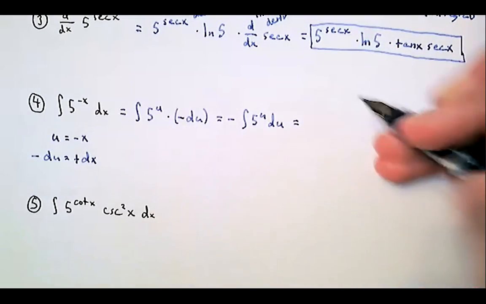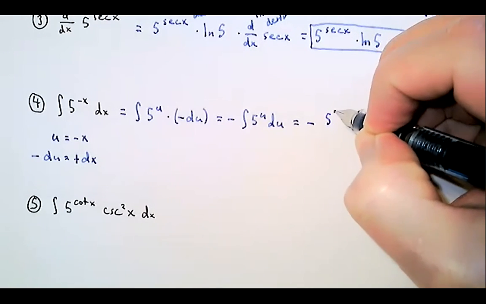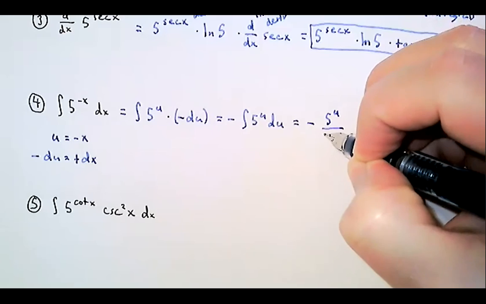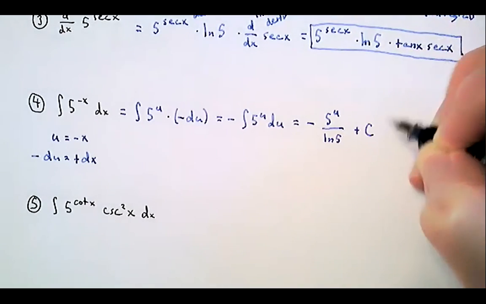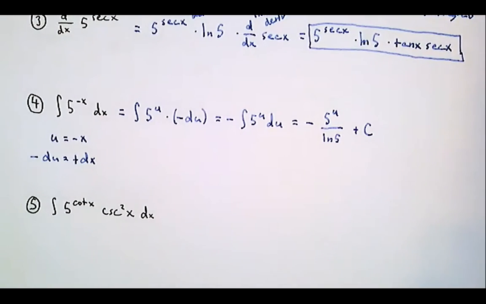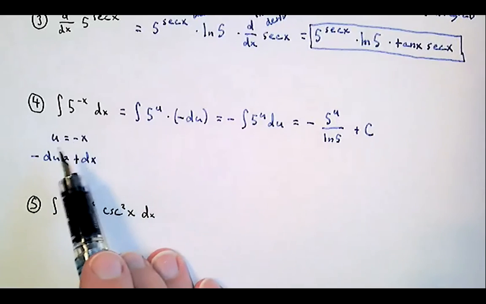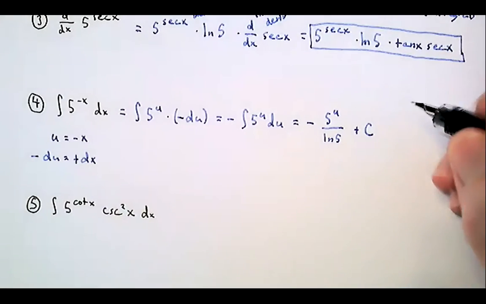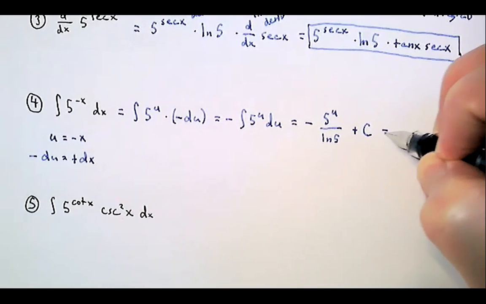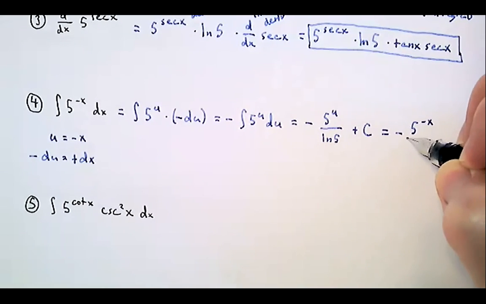And we just have to remember to bring the minus sign along. And add our constant, so plus c. And we're pretty much done. The only thing left is to substitute back in for u. So instead of 5 to the u, we'll write 5 to the minus x power.